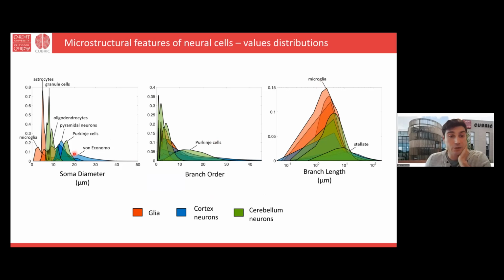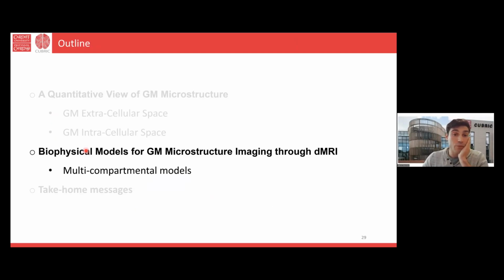But other features, for example the soma size, because the cells naturally cluster into regimes where their sizes are quite well defined, might be possible. So from a multi-compartment model point of view, which of these features can actually be measured with diffusion MRI in a reliable way, and which cannot?